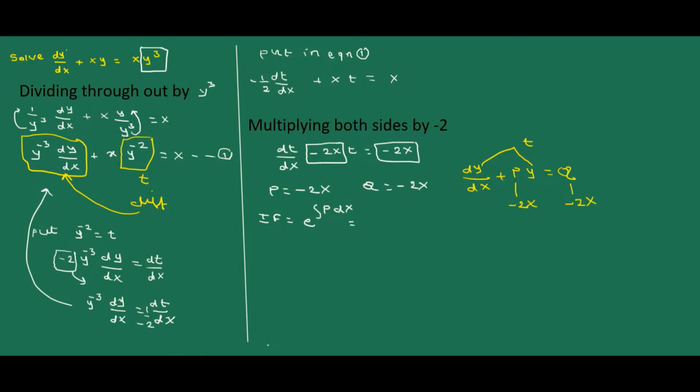This is equal to e raised to integration of minus 2x into dx, which is e raised to minus 2, a constant, I will write as it is. What is the integration of x? The integration of x is x square divided by 2, where this 2 and 2 get cancelled. So you will get e raised to minus x square. So this is the integrating factor.